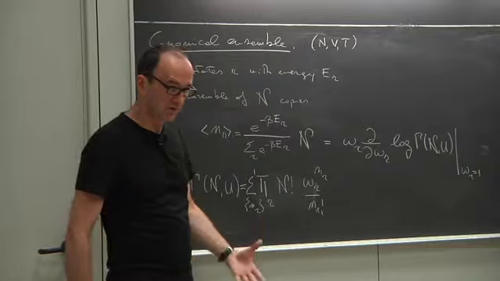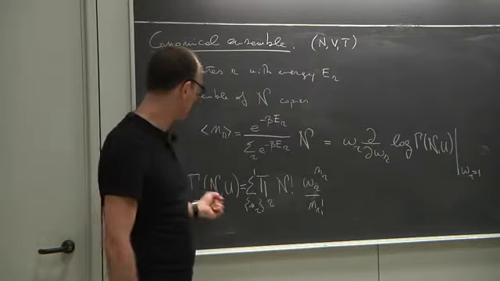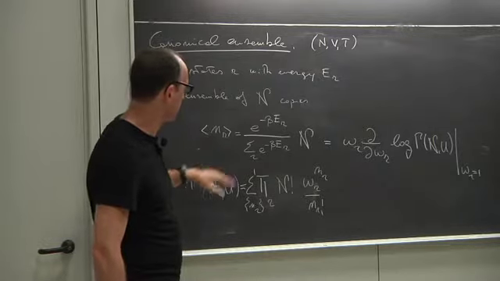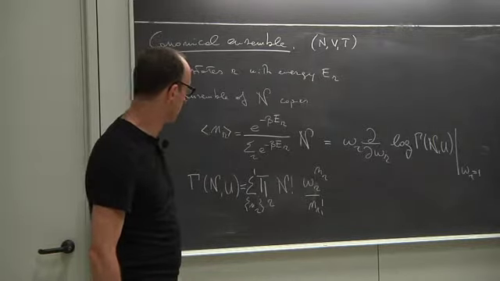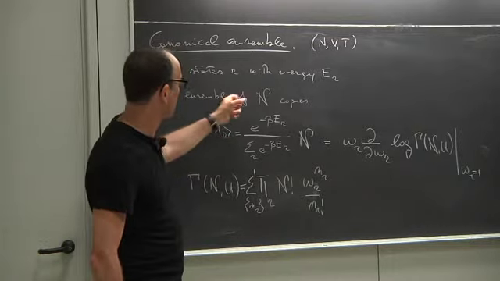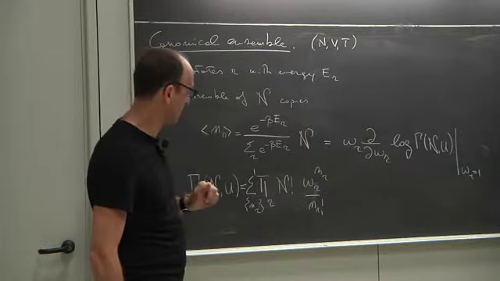So this will give you the average number of copies in your ensemble which are in state R.